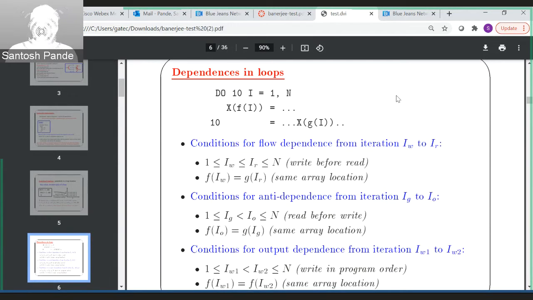And finally, if you have two writes, IW1 and IW2, two iterations which generate the two writes, occurring again within the bounds, and f of IW1 must be equal to f of IW2, that gives the output dependence. So that formalizes these kinds of conditions.